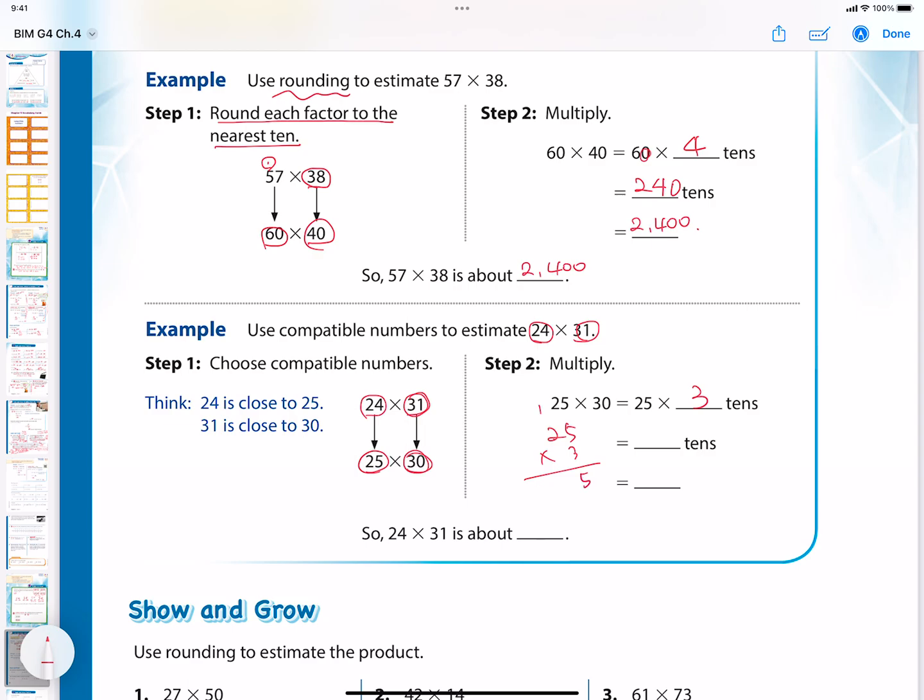Carry 1 up, 3 times 2 is 6. 6 plus 1, 7. So 75 tens, which means 750. So 24 times 31 is about 750. You understand? Let's move on.